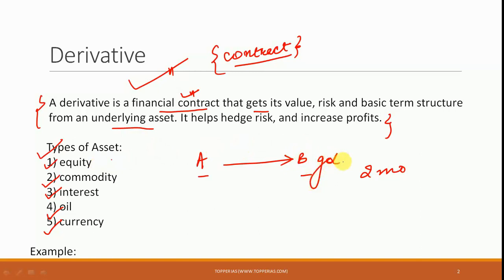So actually A has not purchased gold directly, rather it is only a contract that has been signed between A and B, and this contract is what is known as a derivative contract, because the value is being derived from an asset. This asset could be a share, it could be some commodity like gold or some agricultural products.